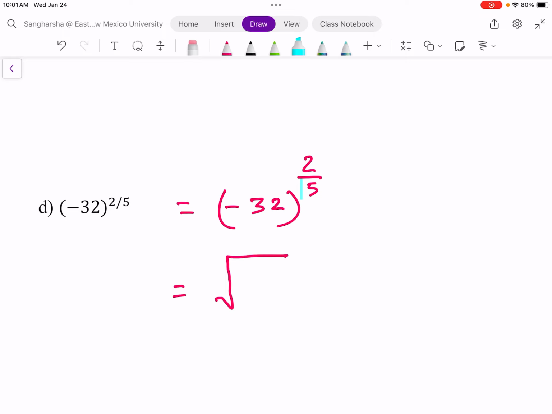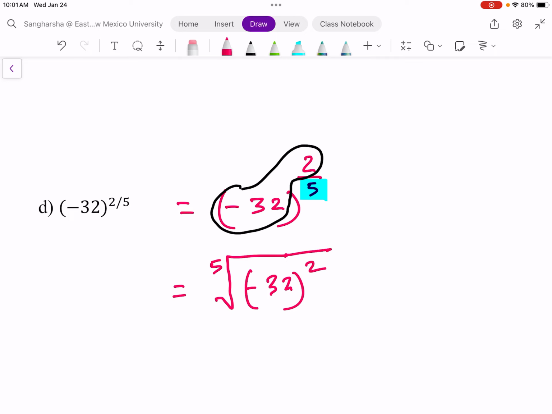The index is the denominator, which is 5, and the remaining, which is negative 32 to the power 2, is our radicand. So we have negative 32 to the power 2. This is how we can rewrite the expression with a rational exponent using a radical sign.